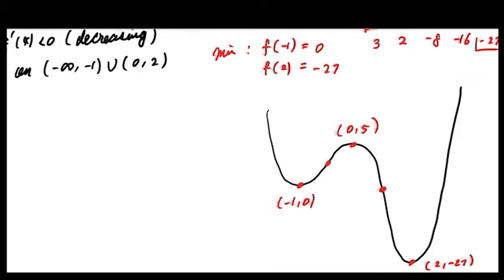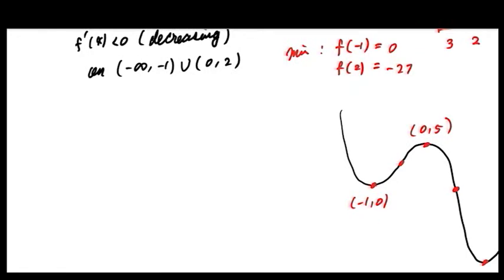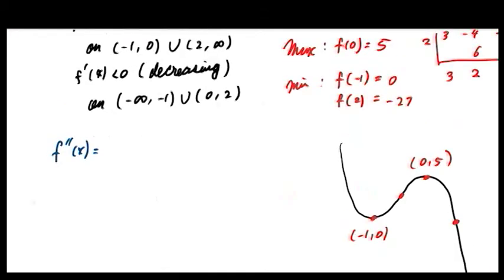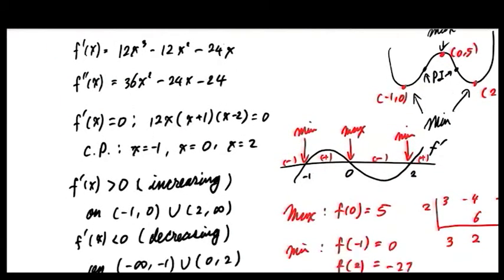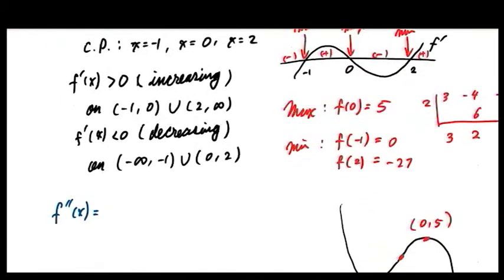Actually, yeah. Okay, so we need a second derivative. Let me remind you, second derivative. Let's do it with blue. Second derivative was this that I wrote earlier. Do I remember? Of course not, right? That is 36x squared minus 24x minus 24.